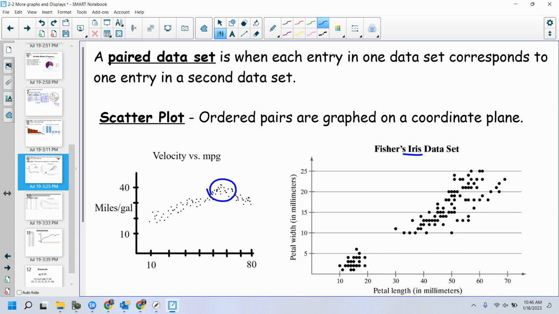So flowers' petal lengths as it corresponds to their petal width, and we would imagine that as I increase the length of the flower petal, the width would probably increase as well, and that's what we see here with the trend in that data. As I increase petal length, it looks like petal width is increasing as well. But again, you can see trend as it corresponds. You can see correlation. You can see how one data set is corresponding with another data set. You can see if there is a relationship and test that relationship.